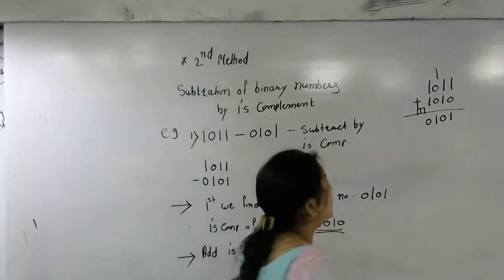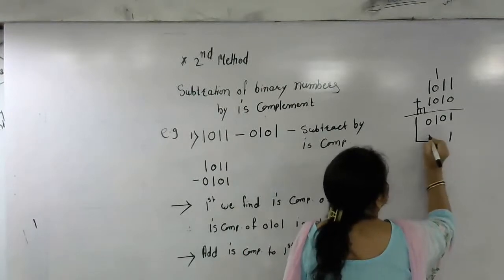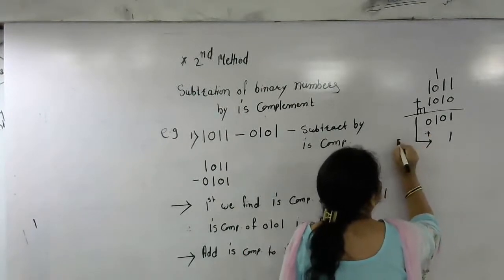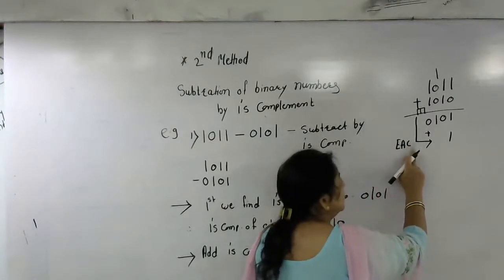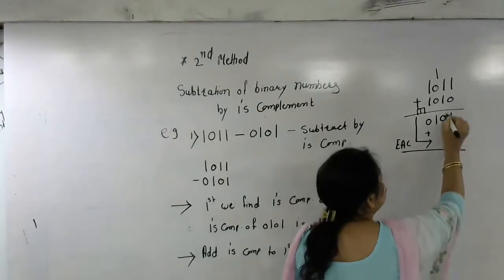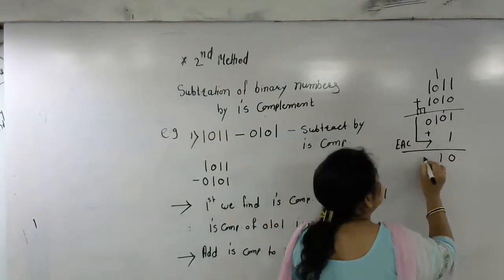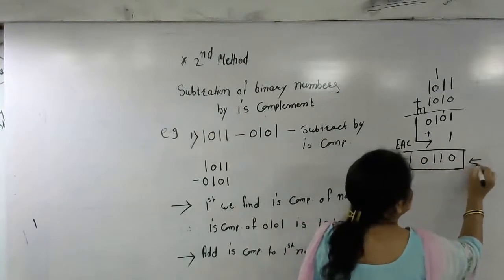We have to add that carry to this number. Add 1. That is known as the EAC, end around carry. Therefore 1 plus 1 is 0 carry 1, so 1 and 0 1 as it is. This is our answer.